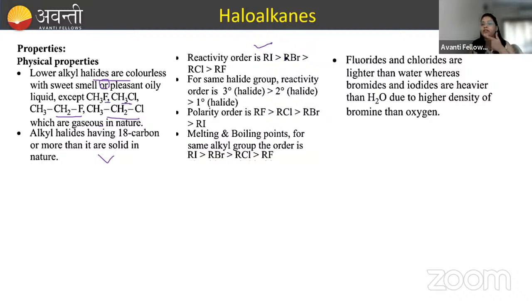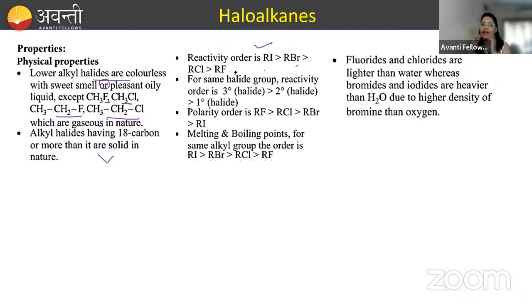Because the bond length between the carbon atom and iodine, carbon and bromine, carbon and chlorine, carbon and fluorine, goes on decreasing as we move from iodide to fluoride. So the C-F bond is very small. If I told you to break a stick this small, and another stick this much, which will be easy to break?